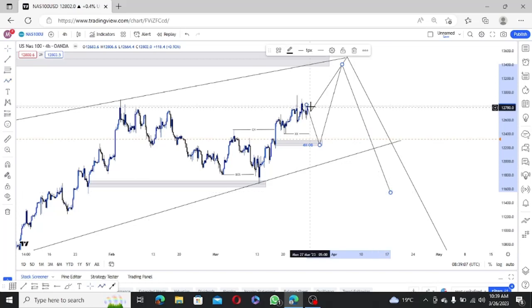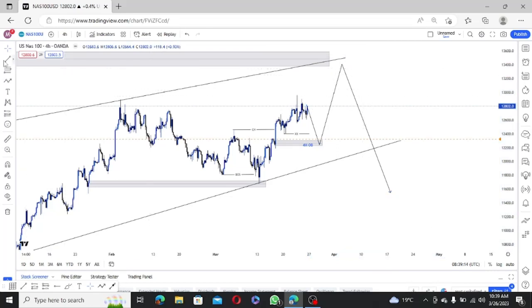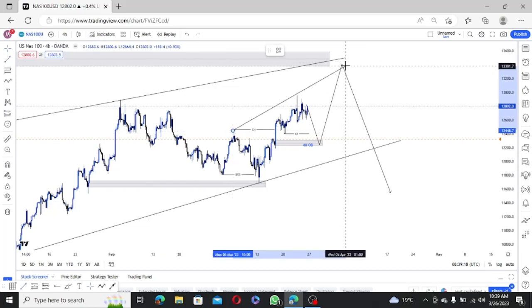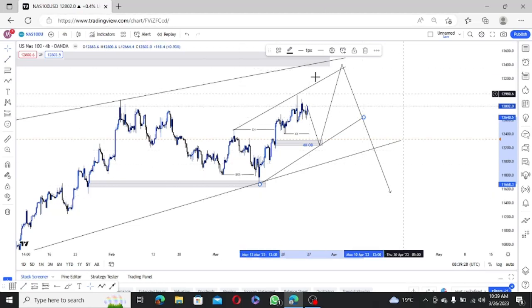I'll give you guys another good reason why, because obviously we expect Nasdaq to give us patterns going into that order block, so we can have a pattern within pattern, which might be something like this. It doesn't have to give us something like that anyway, but this is just an idea. As you guys can see, obviously this is gonna be a pattern within a pattern, and then we're gonna be expecting price to give us something like that.